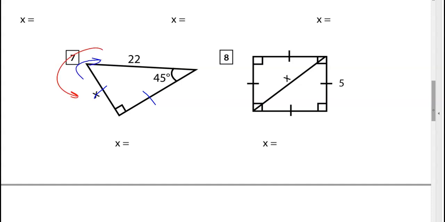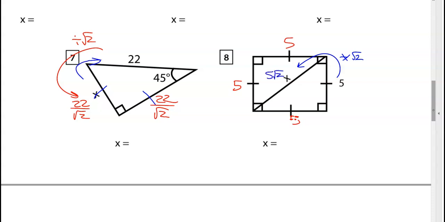Going back the other direction, we're dividing by the square root of 2. So x would be 22 divided by root 2, and this length would also be 22 divided by root 2. And then for the last problem, 8, it's actually a square, so all these lengths are 5. Going from the leg to the hypotenuse, I'm multiplying by root 2. So x is equal to 5 root 2.